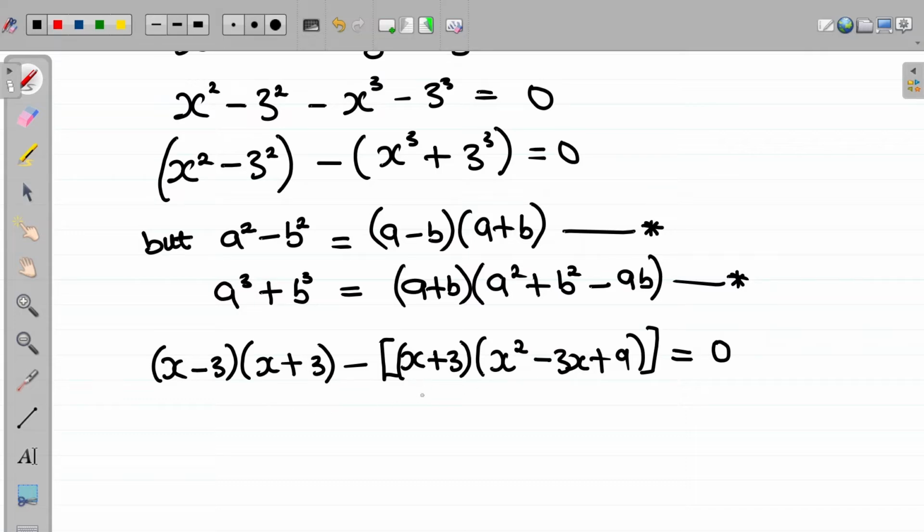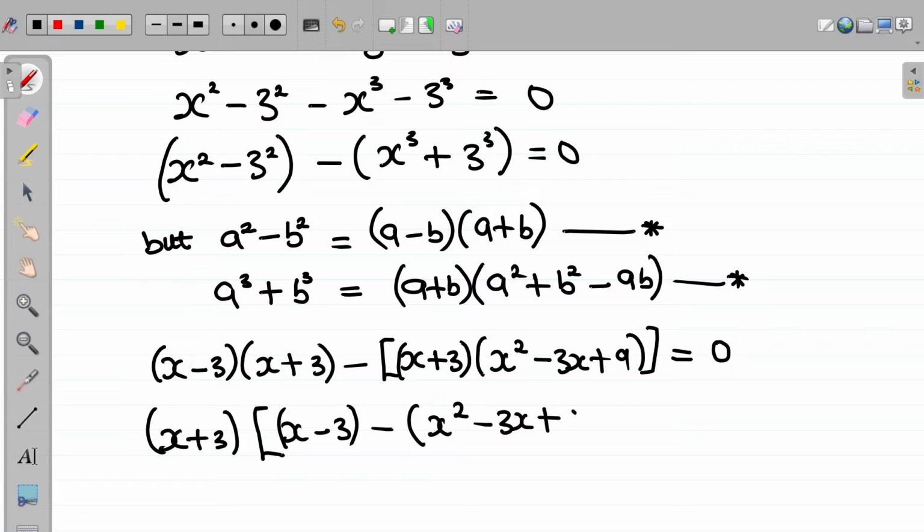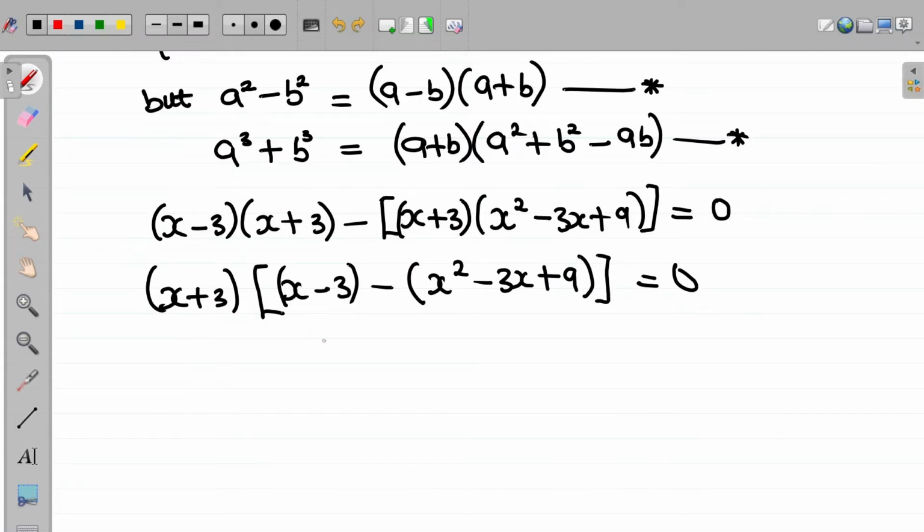We can factor out x plus 3, and we have that our equation becomes x plus 3, factor that, we have x minus 3 minus x squared minus 3x plus 9, all included in the bracket, equal to 0. Now, from our equation, we can use our negative sign to open up this bracket.